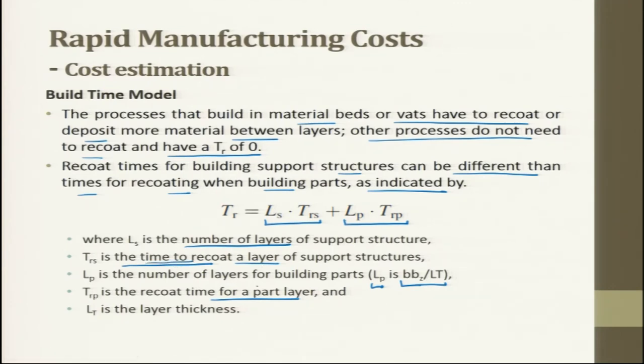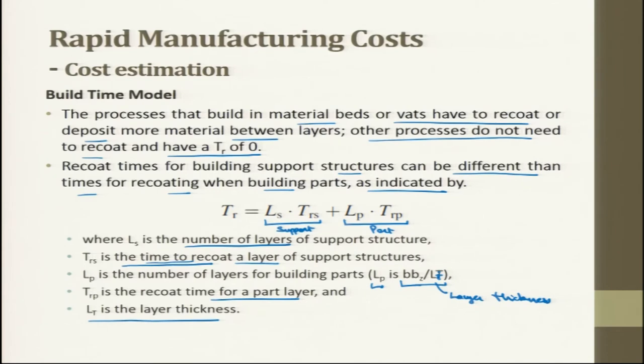Essentially this LT is the layer thickness, this is L small t, layer thickness, as mentioned here. So this is essentially telling us that recoat time is divided into two factors, one is support recoat, the second is part recoat.